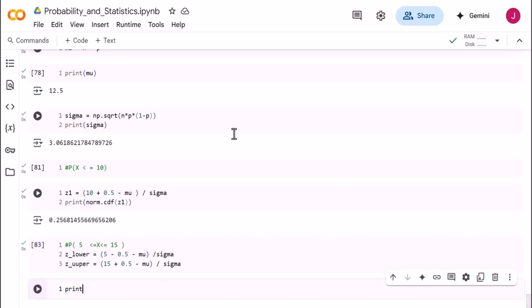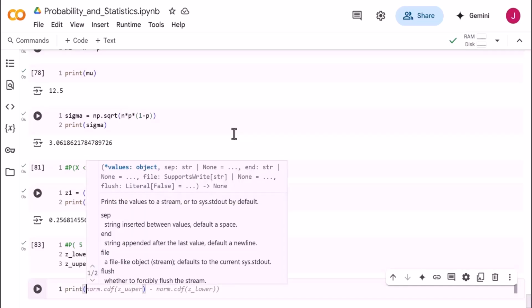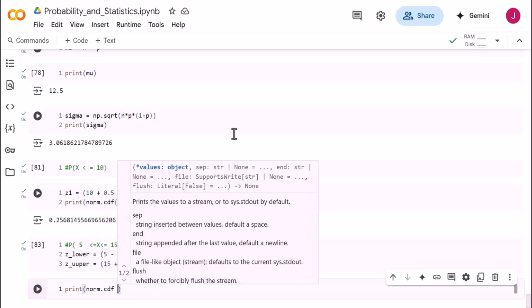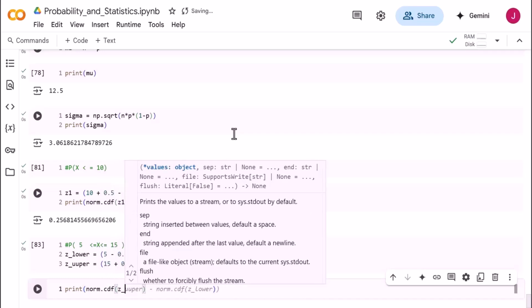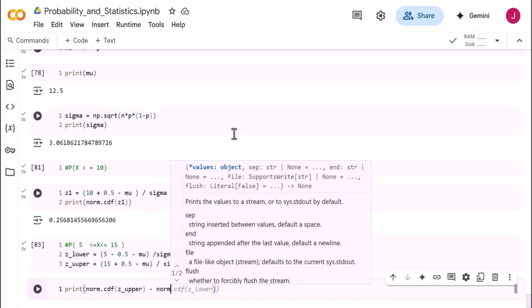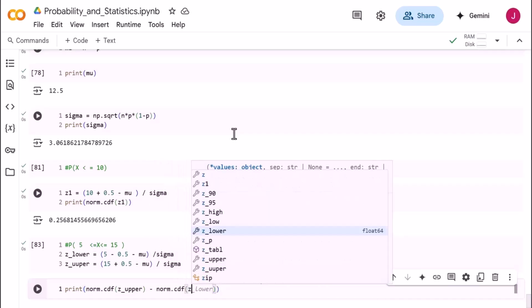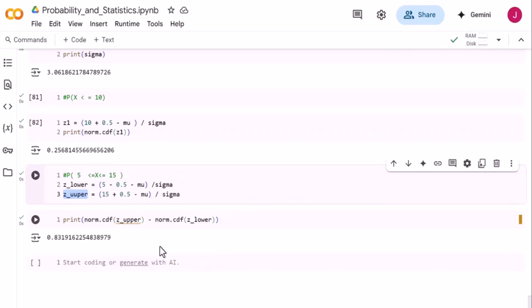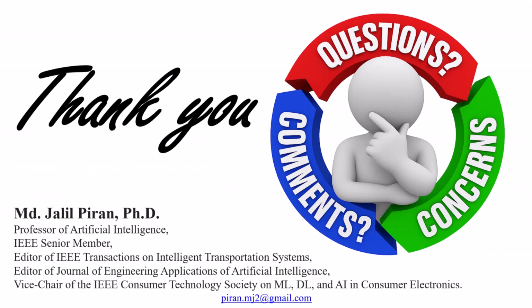We can print this probability. The probability is norm.cdf of Z upper minus norm.cdf of Z lower. This one should be Z upper.